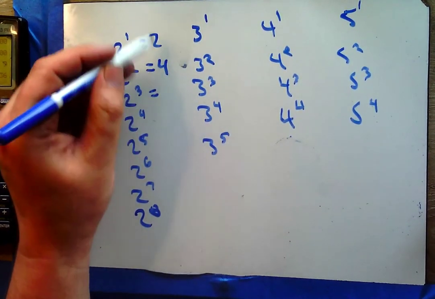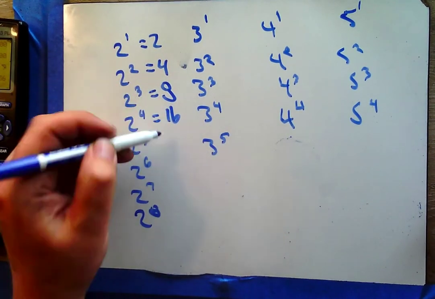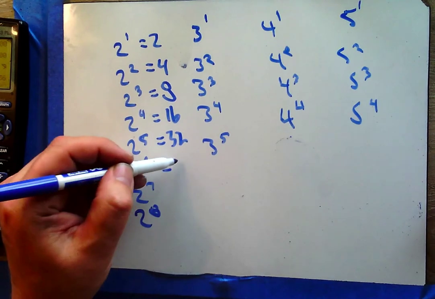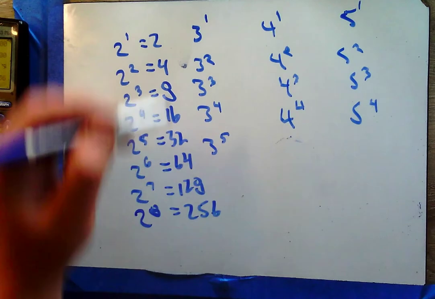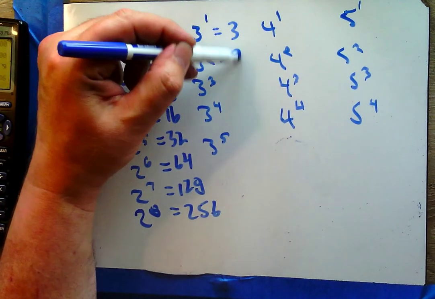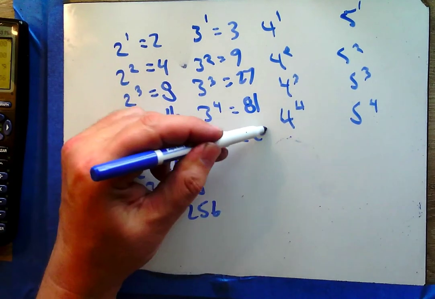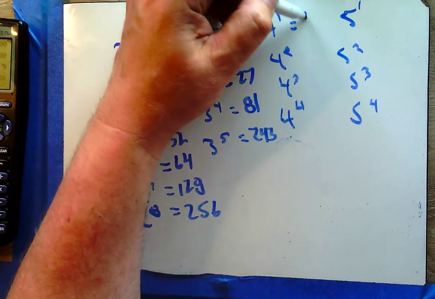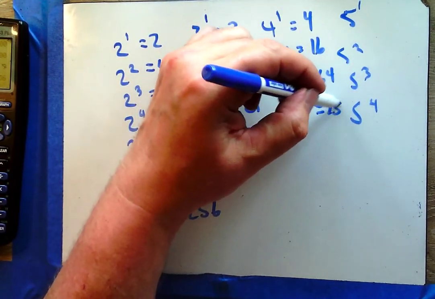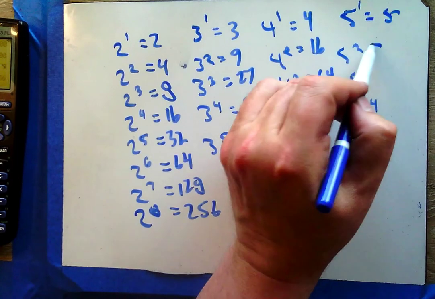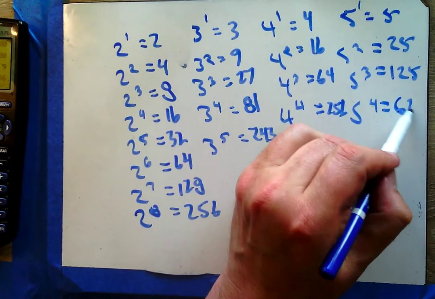When I see these numbers, I know I can write them this way. 8, 16, 32, 64, 128, 256, 3, 9, 27, 81, 243, 36, 5, 25, 125, 625.